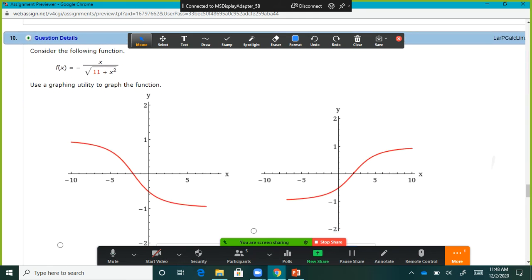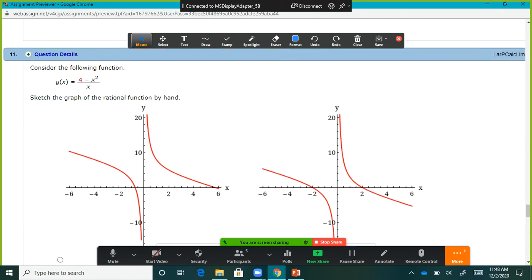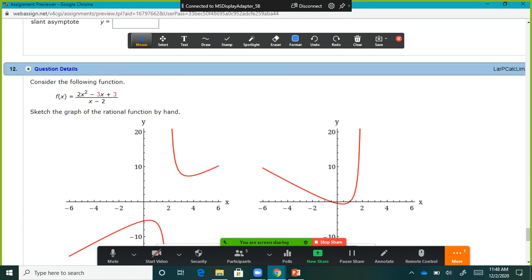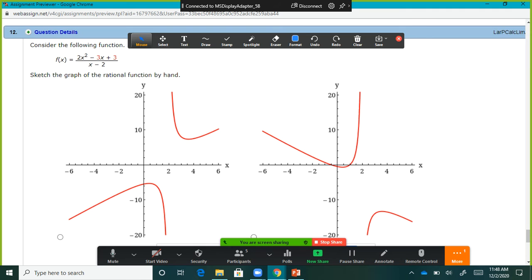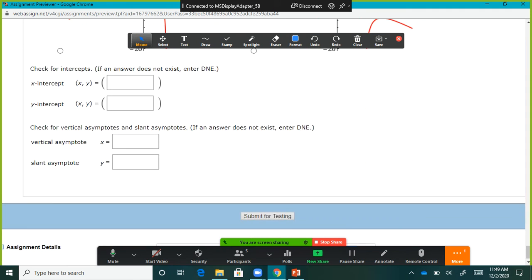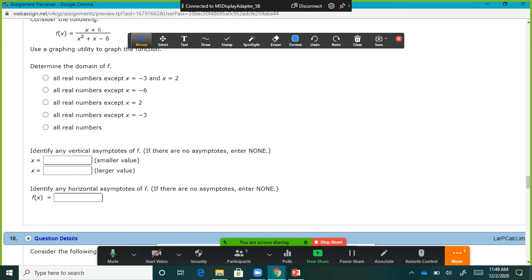That one does not have holes. Doesn't look like any of them have holes. Yeah, it doesn't look like any of these are going to have holes.